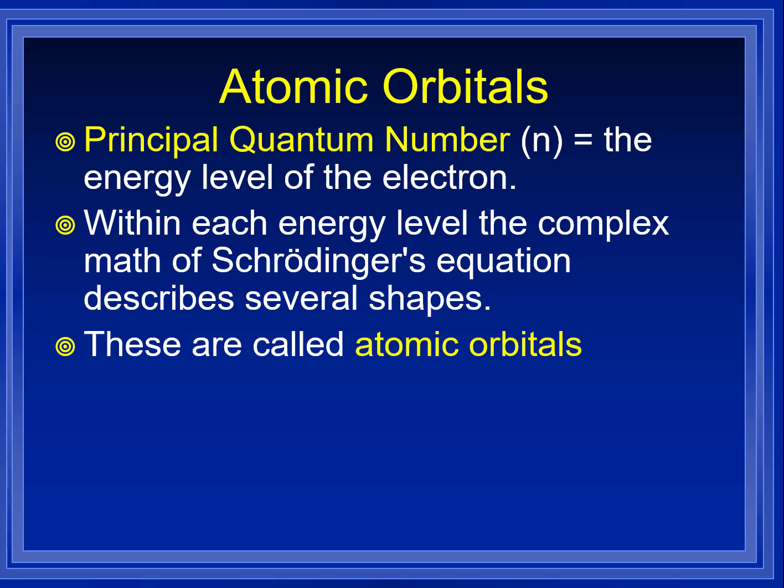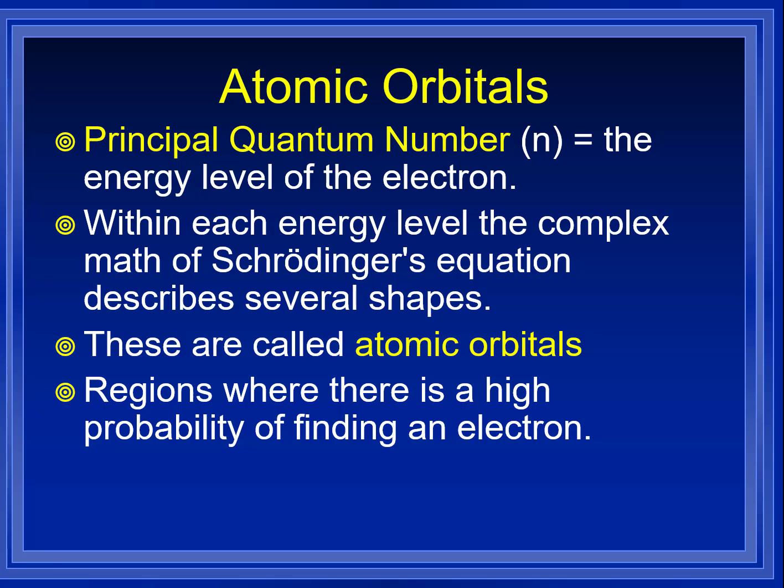And if you look up the definition of atomic orbital, they're going to say the definition is a region where there's a high chance of finding an electron. But wasn't that just the definition that you wrote for electron cloud? It's the same definition.